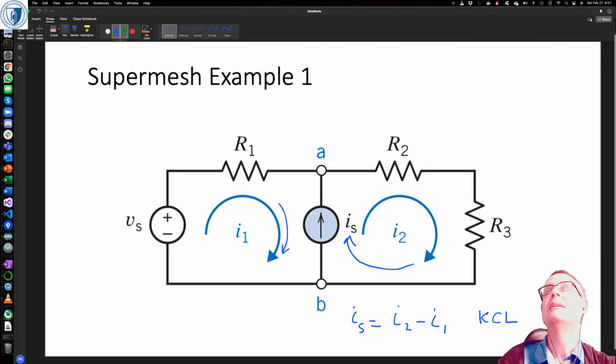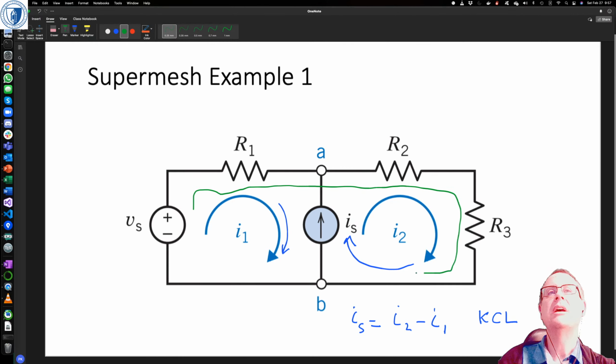And then the KVL for the super mesh, remember we have to go around avoiding the current source, but we still have to use I1 and I2.